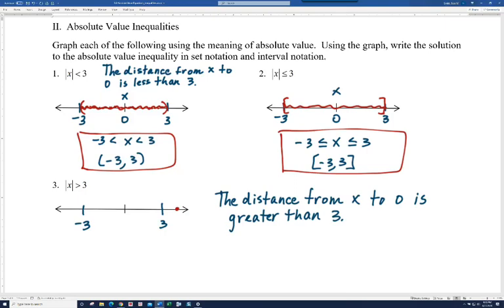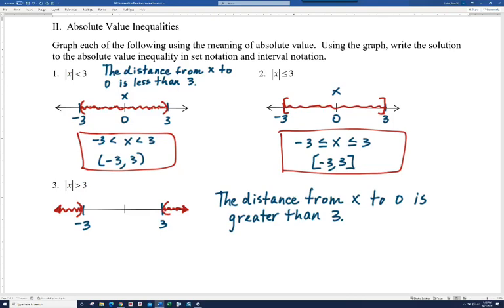In fact, any of the points to the right of 3 here have a distance from 0 that's greater than 3. And so our graph ends up looking like this, because you have that happening on both sides. These are the points whose distance from 0 on the number line is greater than 3 units. The distance is more than 3, basically.